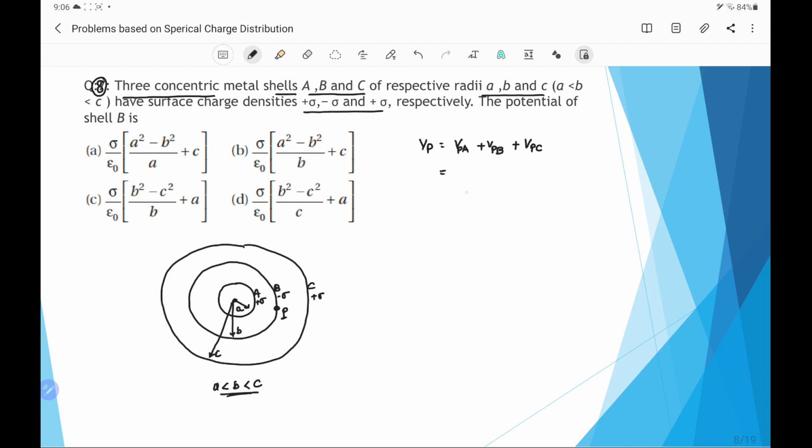We have already done that for a spherical shell.